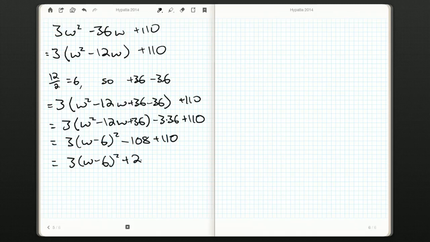So we've rearranged our entire parabola into this form. Okay, 3 times w minus 6 squared plus 2. So the vertex of this parabola would be at 6, 2.